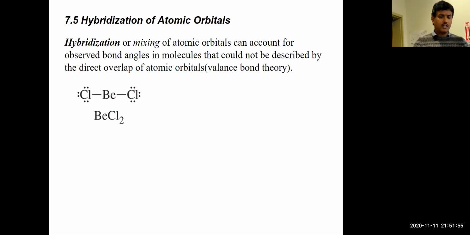We started discussing this a little bit in section 4, where we discussed valence bond theory. We basically said that the basis for bonding is that when atoms combine, if their potential energy is lower than their individual atoms' potential energy, they form a bond by overlapping their orbitals one over another. But there is a fundamental flaw in that. It cannot really explain bond angles.